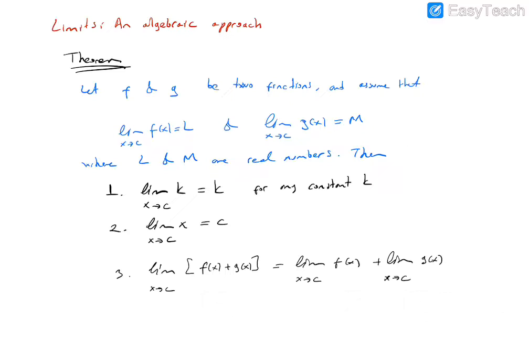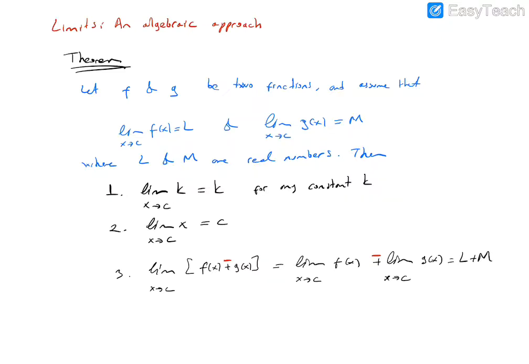In other words, since this limit is L and this is M, that summation equals L plus M. And similarly, we can say that the limit of f of x minus g of x equals the limit of f of x as x approaches c minus the limit of the function g of x as x approaches c. So the limit of the difference of the functions equals the difference of the limits of the functions, okay?